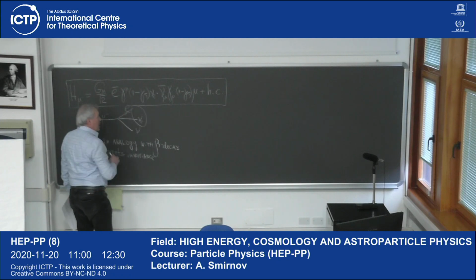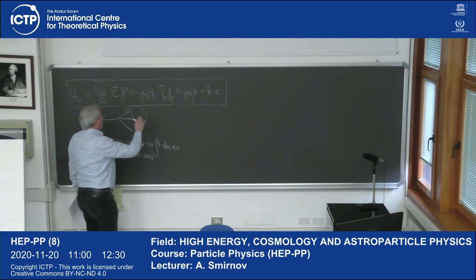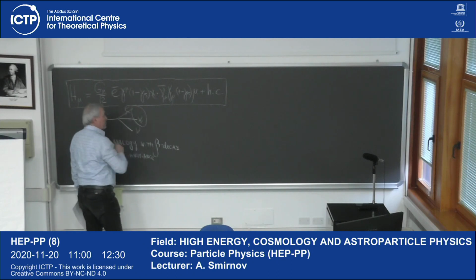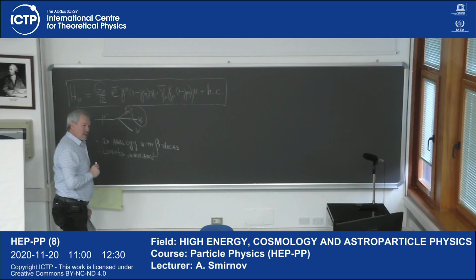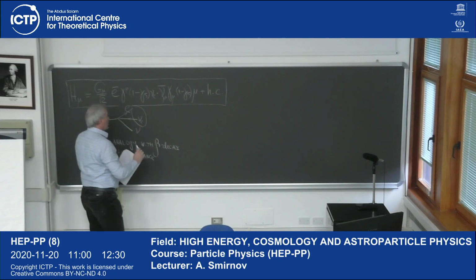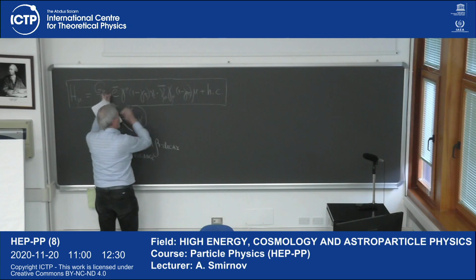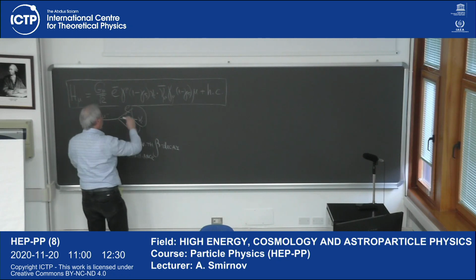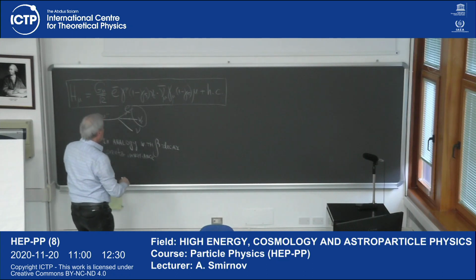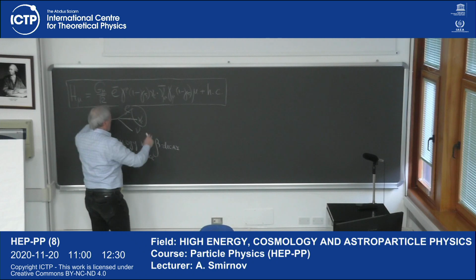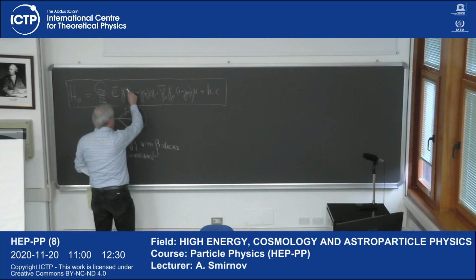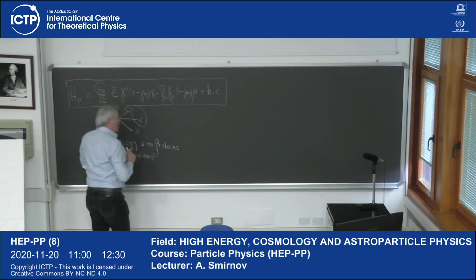All these fields are fermions, so they are proportional to Dirac spinors, and to have a Lorentz invariant combination, we need to connect two spinors, one Dirac conjugated and another one without conjugation. We also introduce gamma mu and gamma mu here, with the index mu contracted.